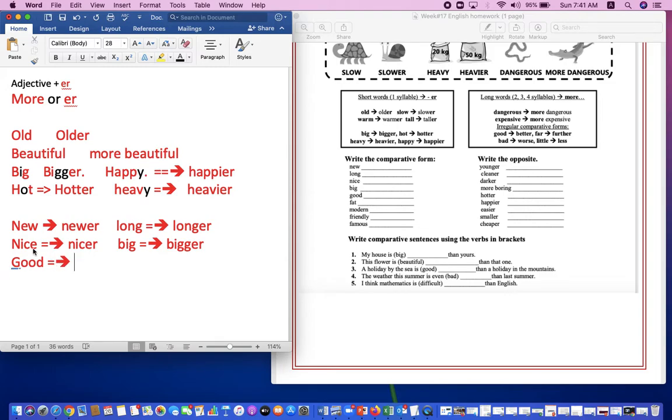Good, a long time ago, had a fight with the -er. The same as the y. And she said, as good, I will never ever meet the -er again. So they brought another word, a better word, which is better.